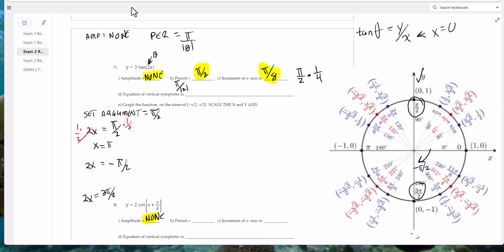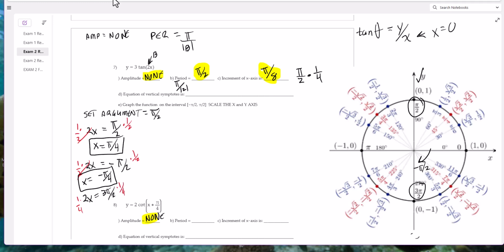Same thing over here. Multiply by a half. You're going to end up getting x equals negative pi over 4. And if you want to do the next one, you could do the same thing. Multiply by a half to solve the equation.